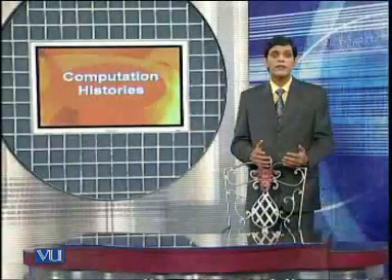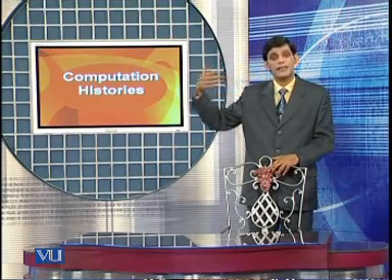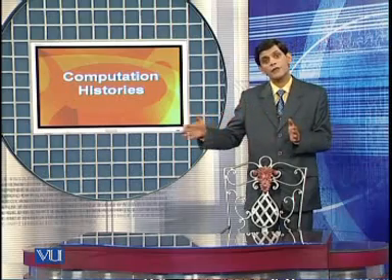So, a computation history gives you an initial configuration, and after that, it gives you the next configuration that the machine has gone into, and the next configuration, and the next. If you think of a configuration as a snapshot of the machine, what you're doing is taking a snapshot of the machine, running it one step, taking another snapshot, running it one more step, taking another snapshot, and so on and so forth, and you make this whole file.